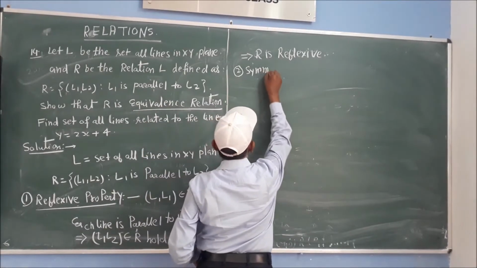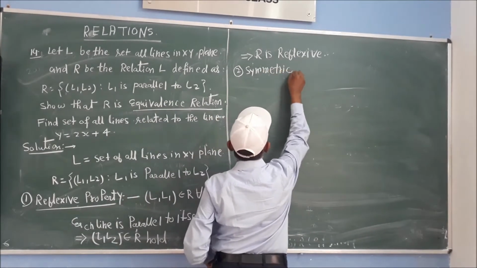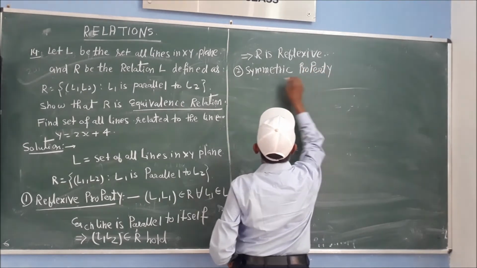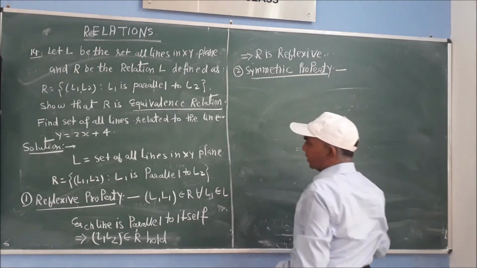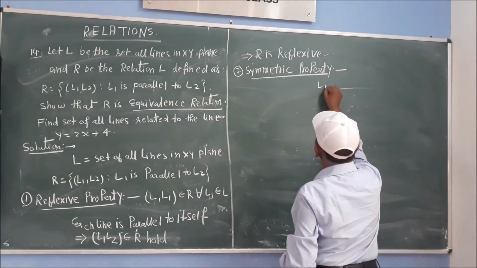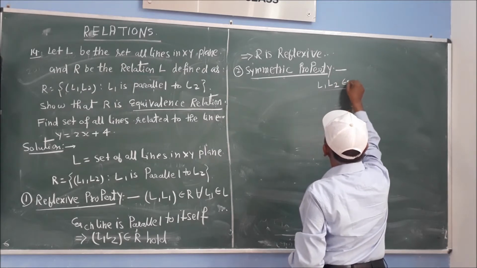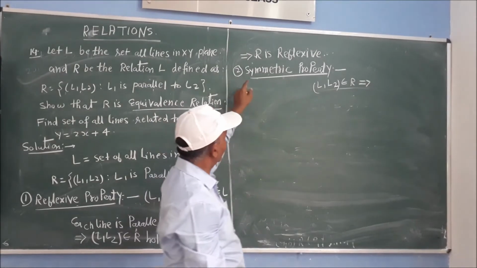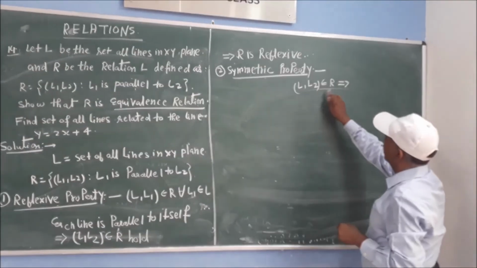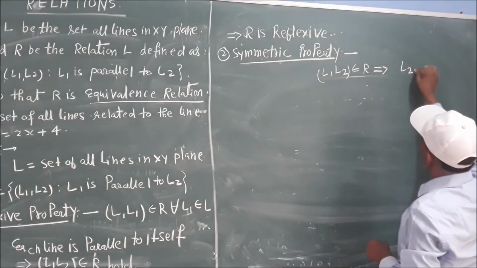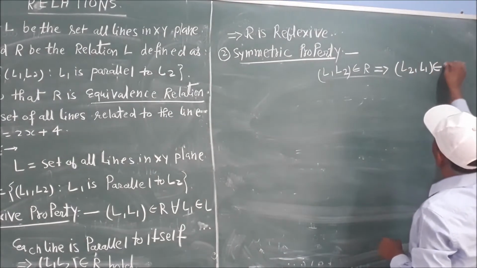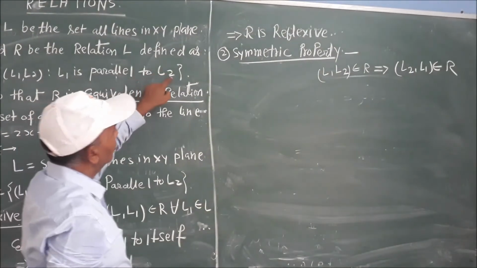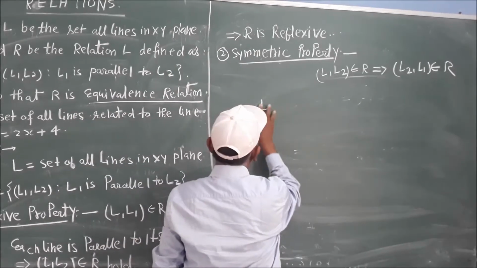R is symmetric property. R follows symmetric property. For symmetric property, let (L1, L2) belongs to R. This implies (L2, L1) belongs to R. So what is the meaning of (L1, L2) belongs to R?